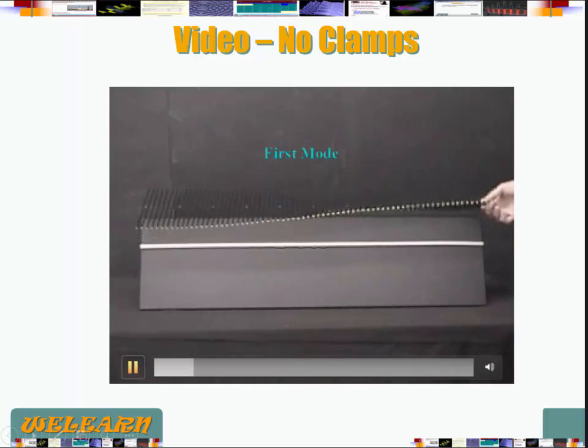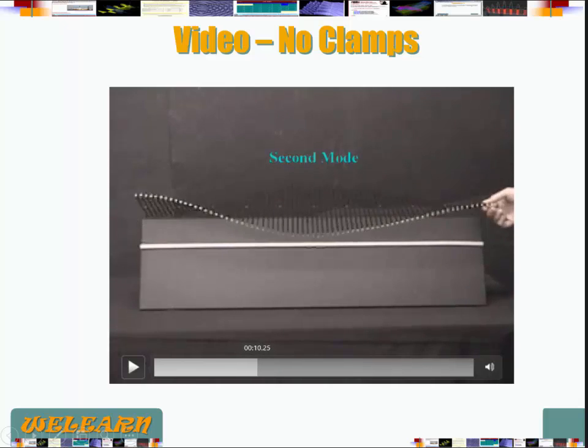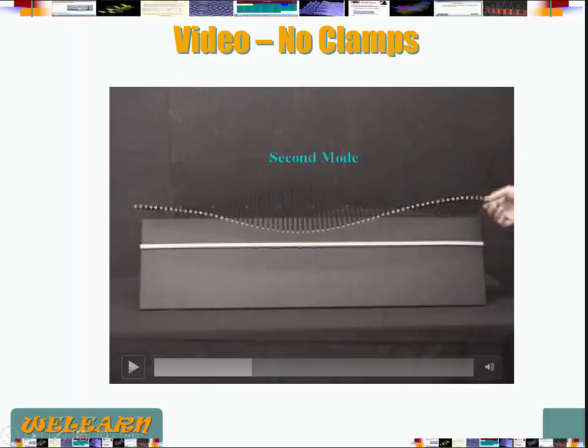Now let's look at what we see after that. At the second frequency, I'm playing it back and forth here. You notice we have a node here, a node here, an antinode at each of the free ends.